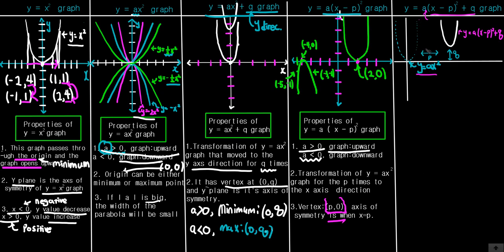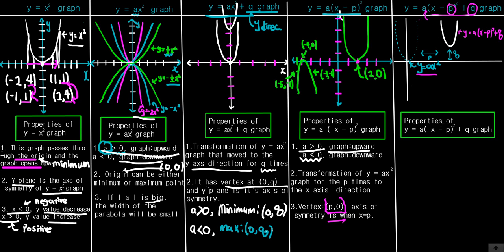And we transformed it to the y. We moved that graph in the x-axis direction for p times, and we moved that transformed graph in the y-axis direction for q times, and this is what y is equal to a times (x minus p) squared plus q means.